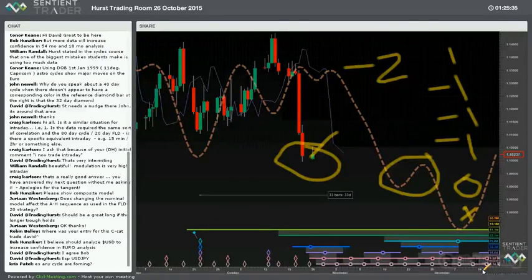But yes, it probably is possible, in which case we would want to take this bounce out. I mentioned earlier, if price bounces from this level, then that is going to be a good long trade. And David from Trading Hurst said that we're looking at a good long trade coming up. So we should definitely stand by.